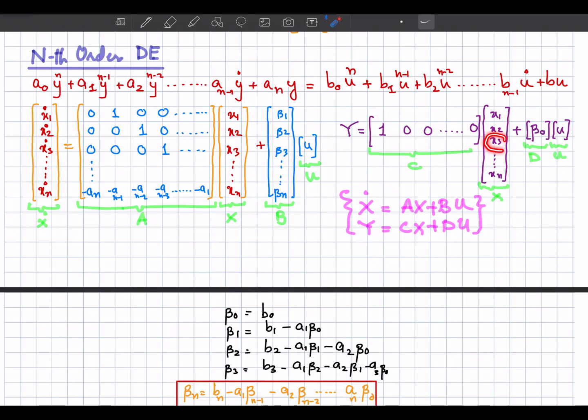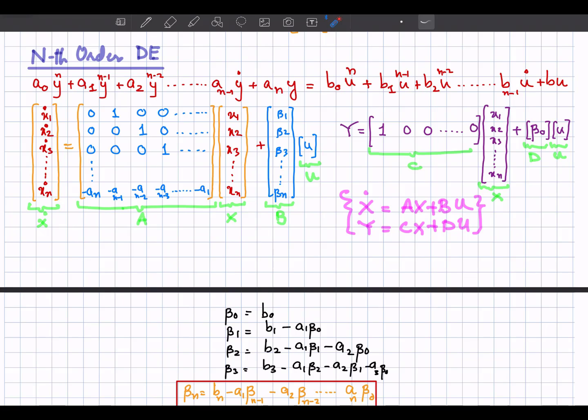If you want to observe x3, you can put 1 over here. So by putting it over there, what you will be observing at the output is x3. Similarly, if you want to observe x4, you can put 1 over there, right. So you can observe any state variable at the output, but generally, as we have defined the procedure, we are observing x1 in this procedure.